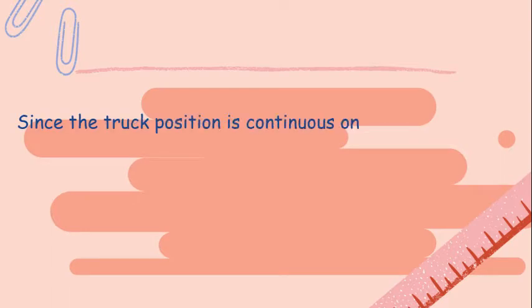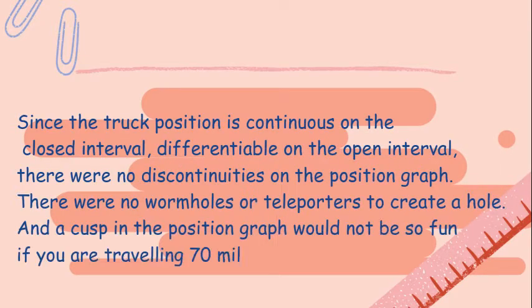Well, since the truck's position is continuous on the closed interval and differentiable on the open interval, there were no discontinuities on the position graph. The truck passed through every point from toll booth to toll booth. There were no wormholes or teleporters to create a hole, and the curves in the position graph would not be so fun if you were traveling 70 miles per hour.